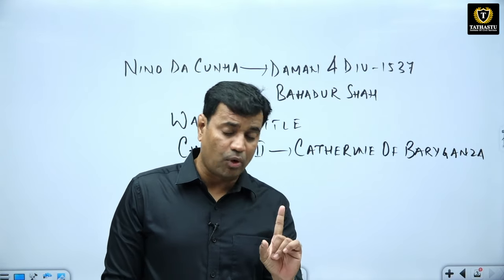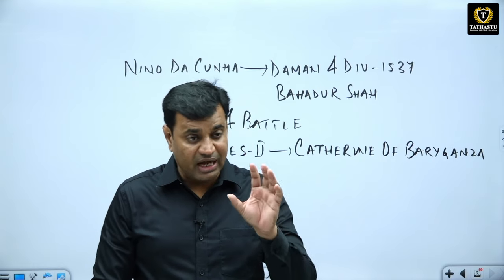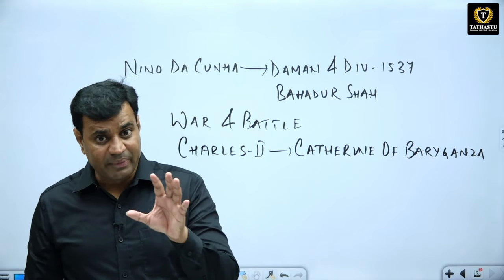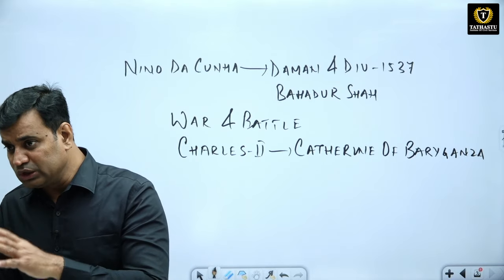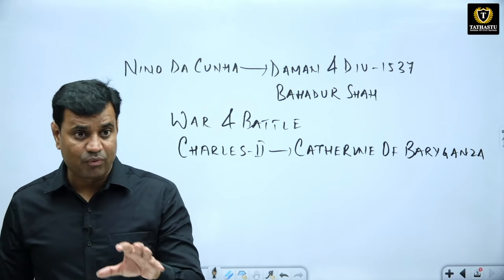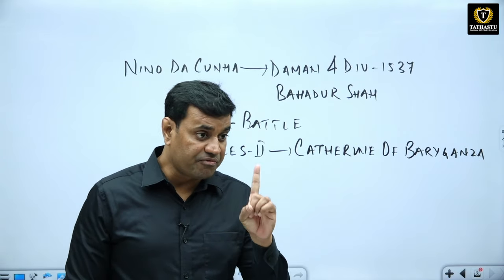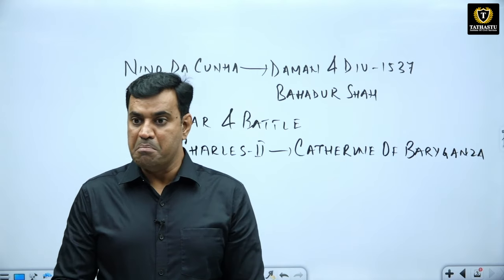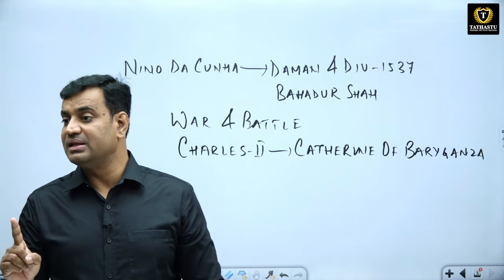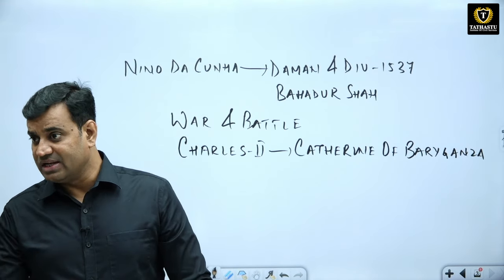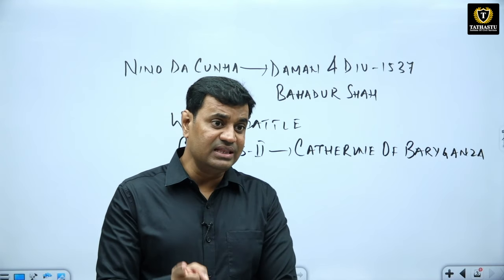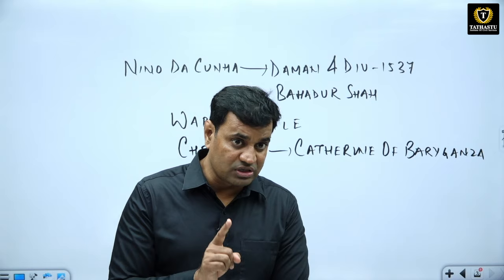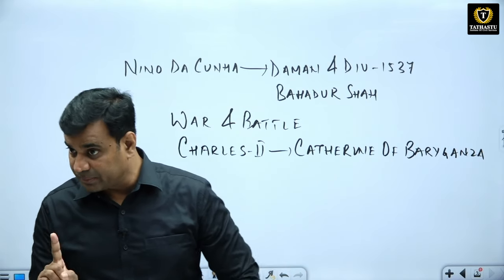But one thing to be important from world perspective, clear? Dutch from here only dominated over Java and Sumatra, which is presently known as Indonesia, and this imperialism was for 250 years, clear? Maximum prolonged imperialism on any country in the world is on Indonesia, which was liberated by the Dutch in the year 1948 after India's independence, clear?